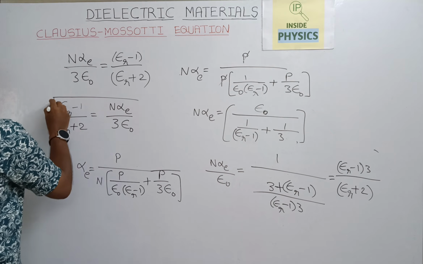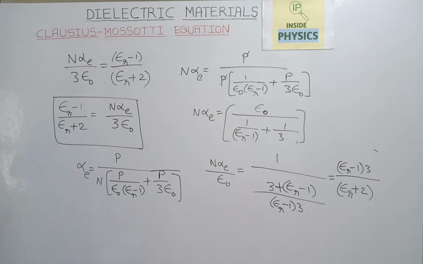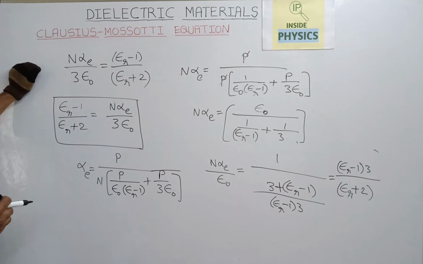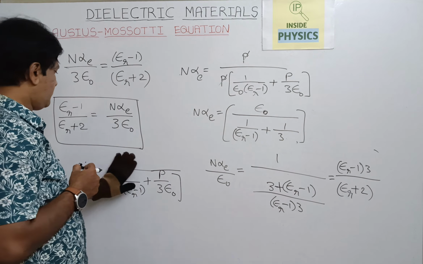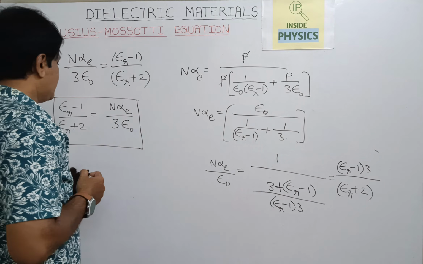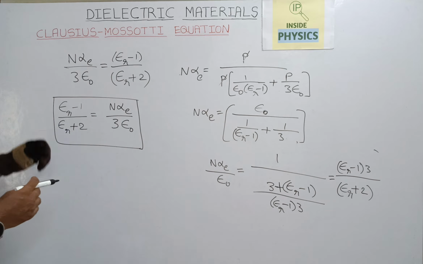This is the Clausius Mossotti equation, which relates the dielectric constant with the polarizability of all the atoms in a dielectric material. By calculating with this equation, we can find the dielectric constant of some materials like diamond, silicon, germanium, which are fourth group elements in the periodic table.